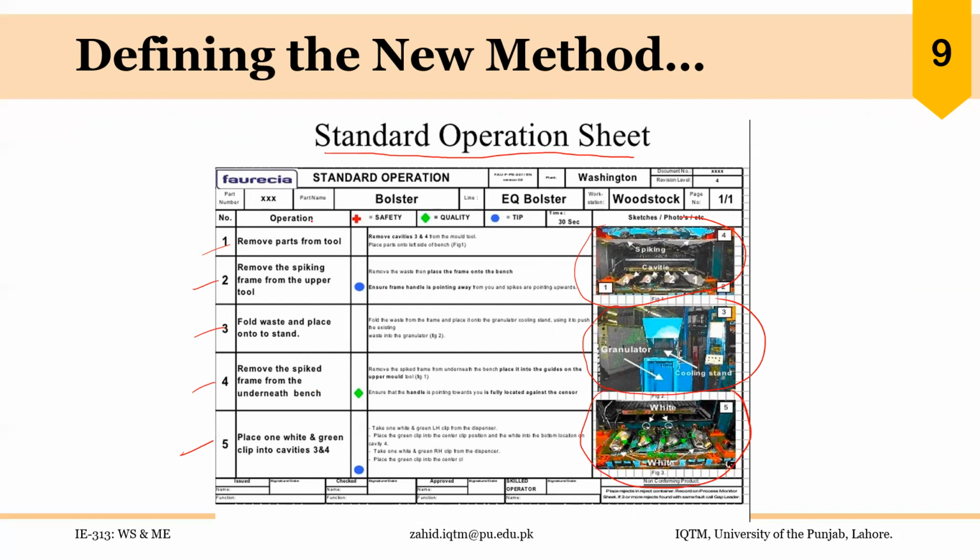Apart from the description and pictures, some details of each step are included, and the nature of each step has also been explained. For example, whether each step relates to safety or a specific step relates to quality or it's a tip.